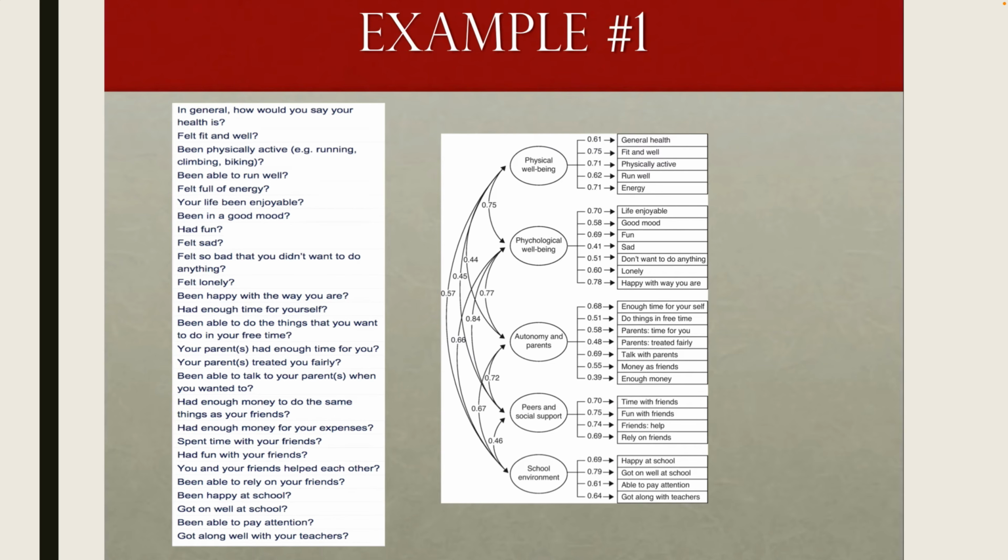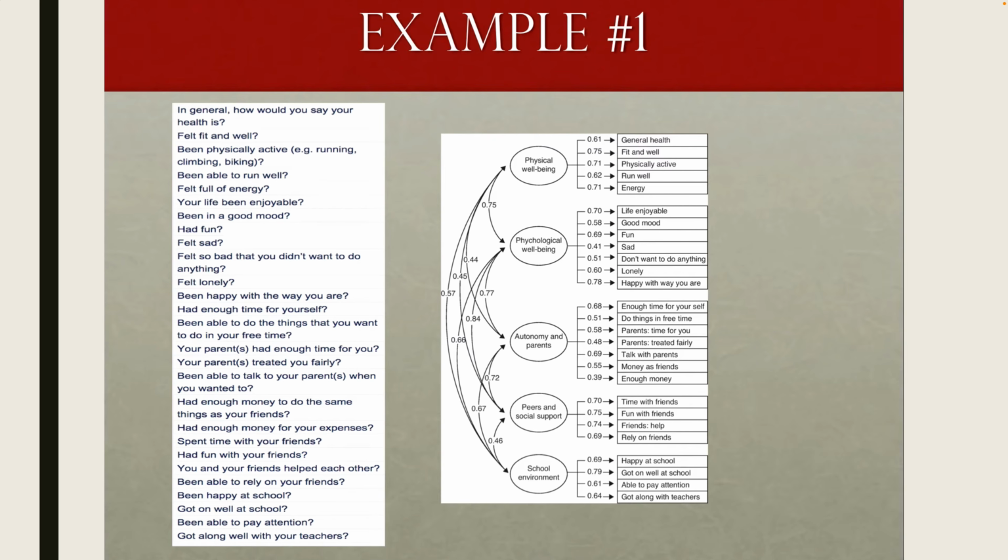What we would do is ask a set of questions similar to what I have on the screen in the left white box. And then if I dive into analyzing my data, I'm going to see that a lot of these questions are actually highly related and, quote unquote, load on a particular component or factor.